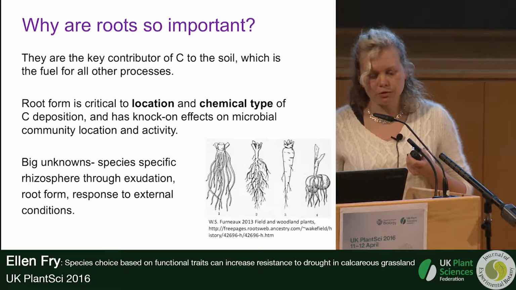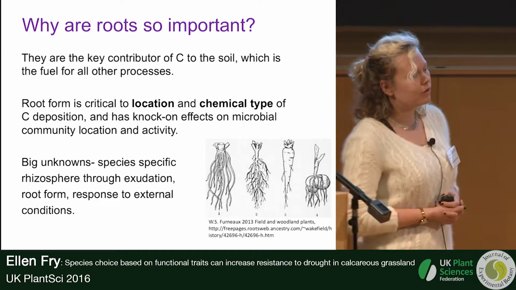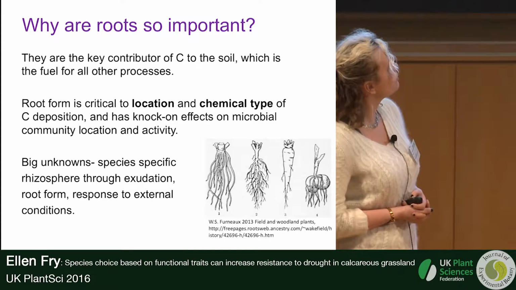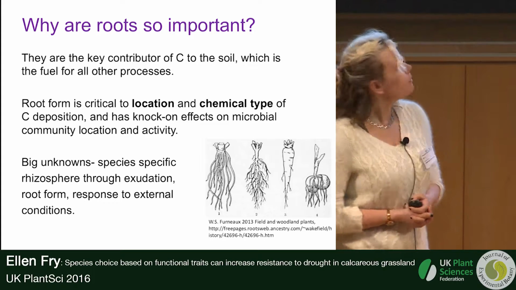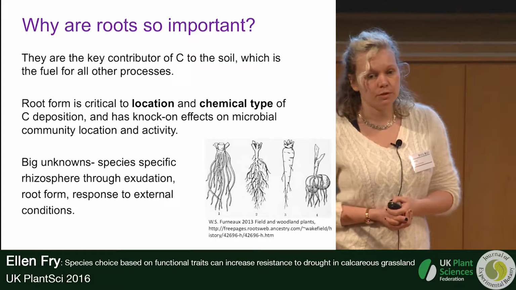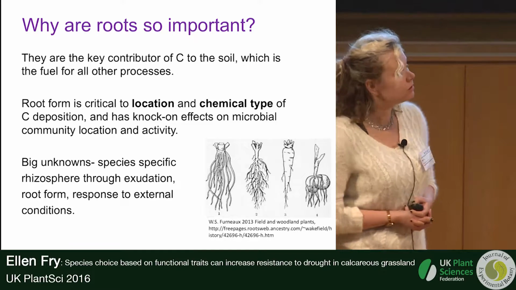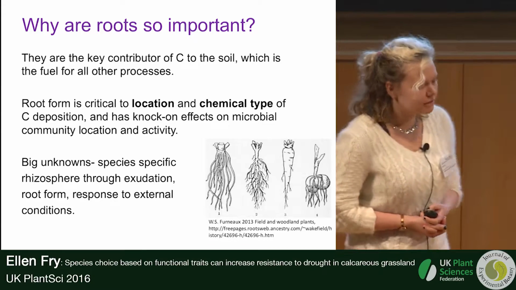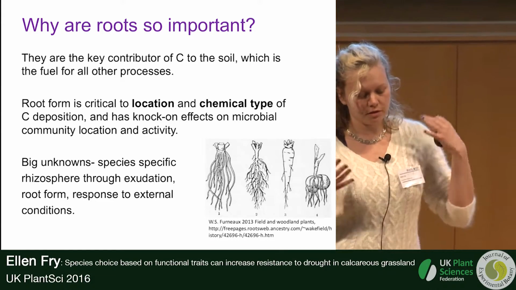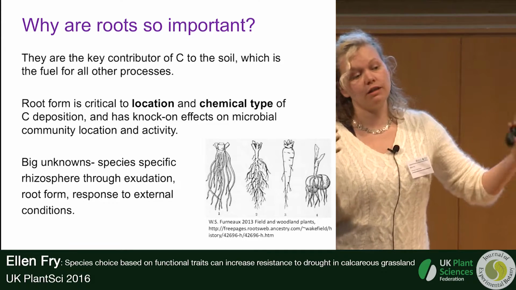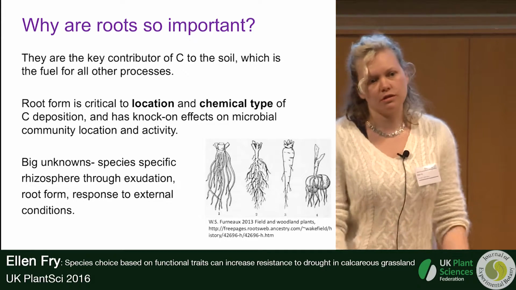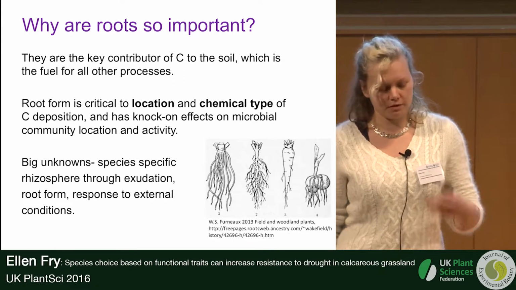Roots are incredibly important, though, and so I weighted my classification by the roots, because they are the main contributor of carbon to the soil. And whether you have shallow roots, then the carbon's going to be disseminated into the top layer. If you've got a really deep one, then it's going to be put into the bottom, the very deep layers.